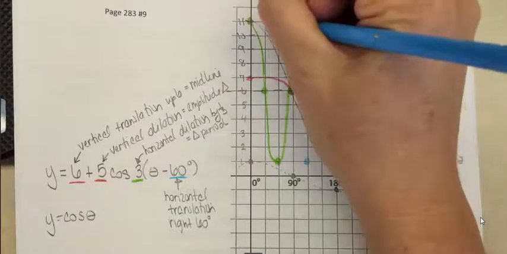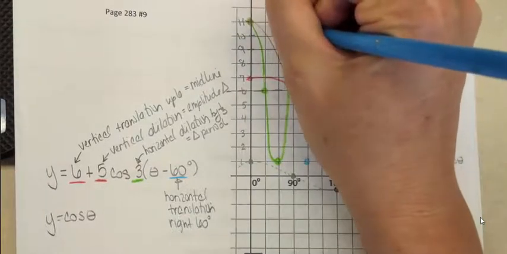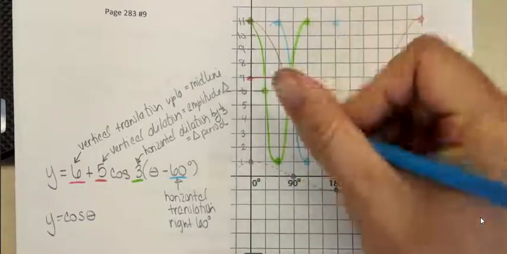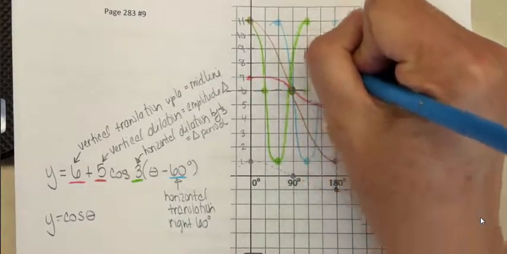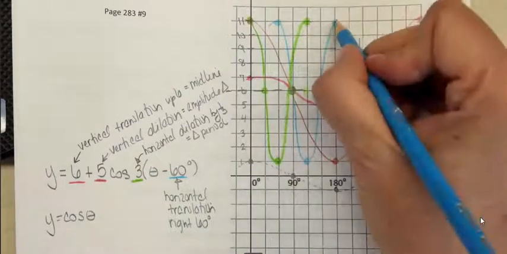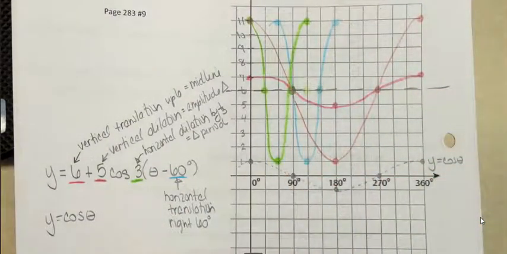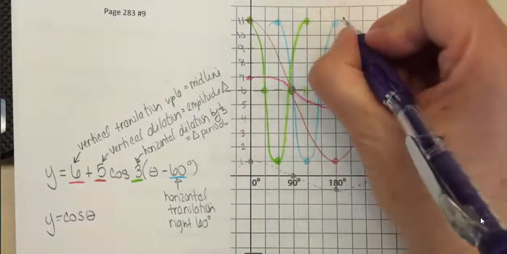So my final graph looks something like this. I've only sketched one period. You could keep going forever with this, okay? But this is the final graph.